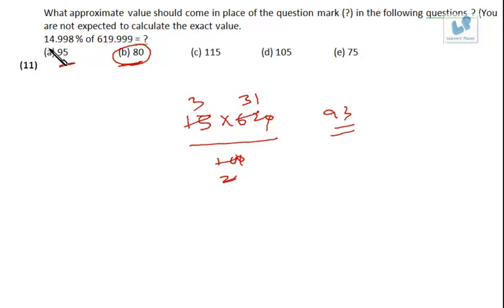So we have to mark 95 in this case, right? I hope you are clear. If we had another option less than 93, maybe something around 91 or 92, we would have marked that only, right? But the other option which is less than 93 over here is quite smaller than 93, so we cannot take that, right?